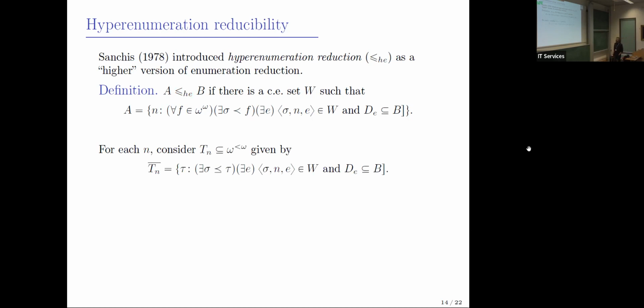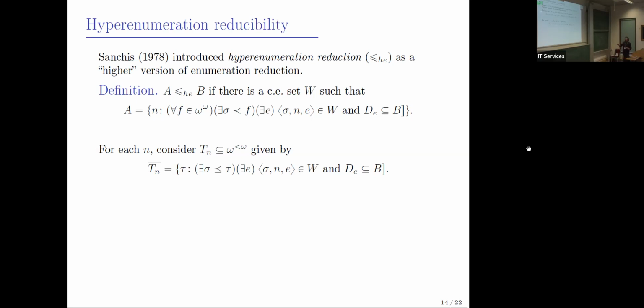Okay. So for each n, consider Tn, a subset of omega to the less than omega, whose complement is the set of taus such that along tau I've seen n enter the oracle enumeration reduction.